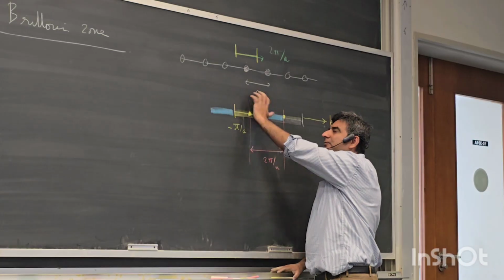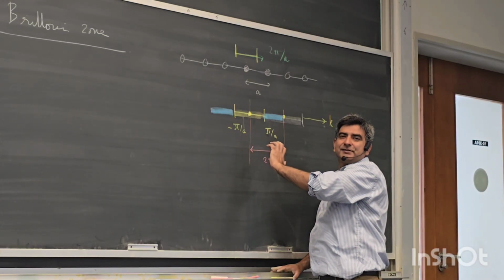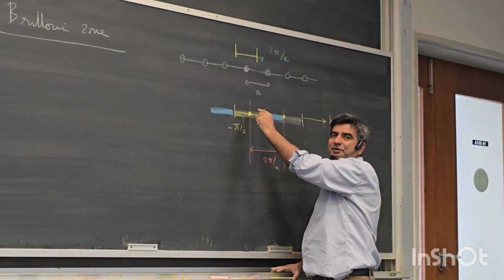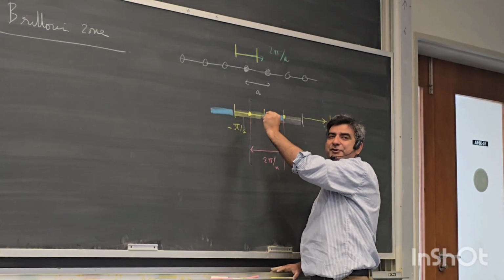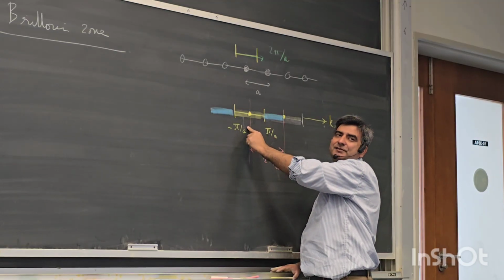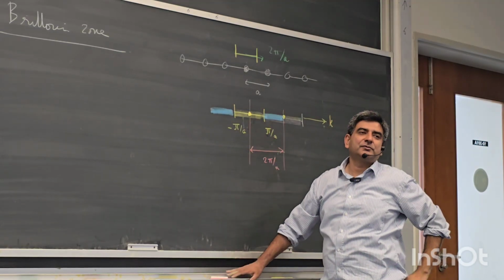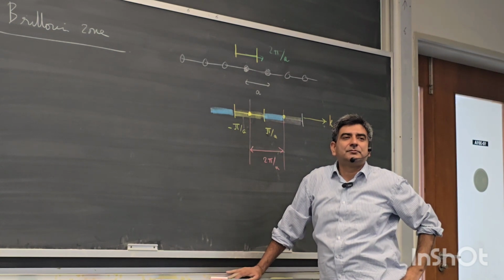So this locus of points in the reciprocal space which are closer to a particular point, the origin of the reciprocal lattice, forms the first Brillouin zone. Okay?